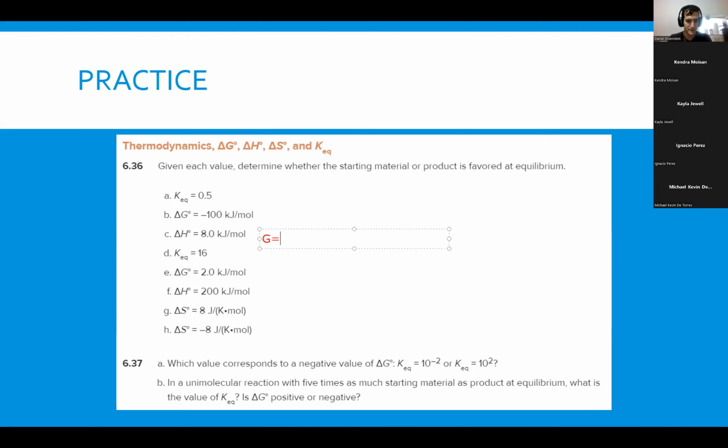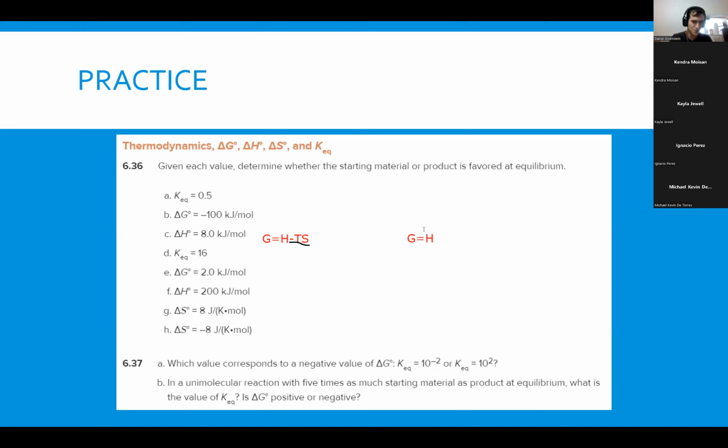I know that delta G equals delta H minus T delta S. Since I don't have any information about T delta S, I am just going to have to make the approximation that delta G equals delta H. Therefore, delta G is positive because delta H is positive.